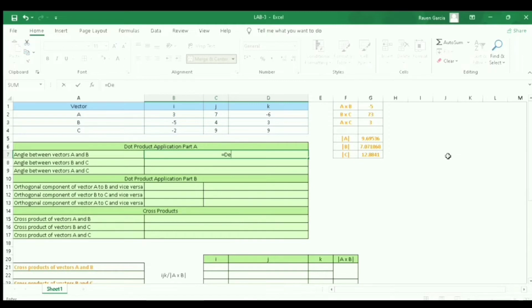Let us proceed to dot product application part A. At row 7, angle between vectors A and B, input the formula equals degrees A cosine G1 over the product of G5 and G6. The answer is 94.18243763.